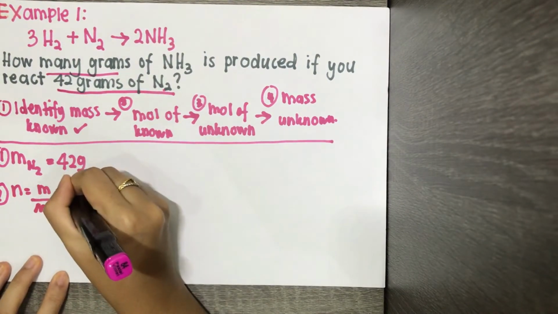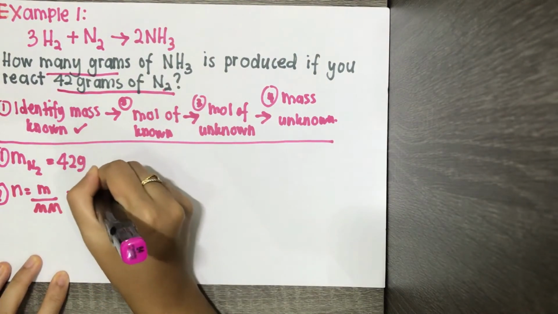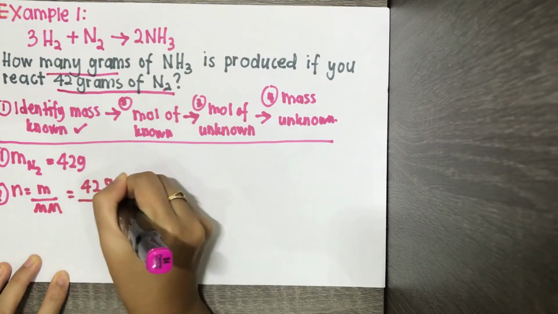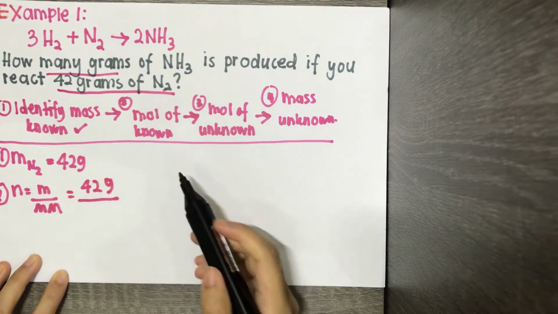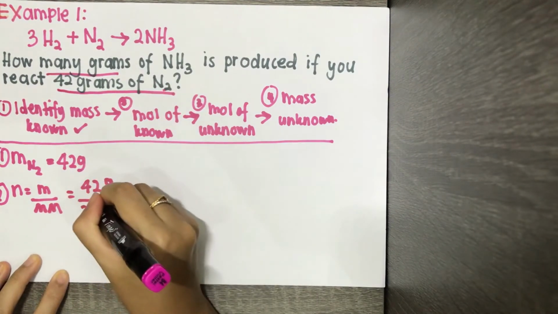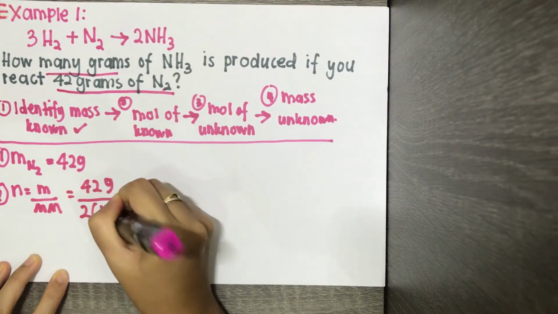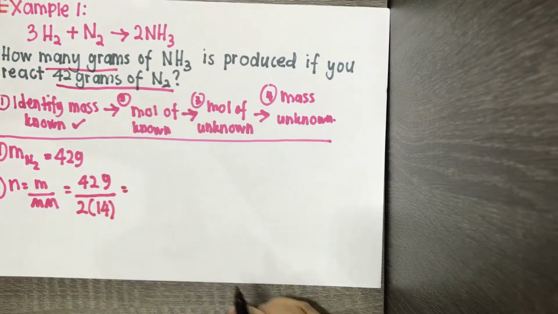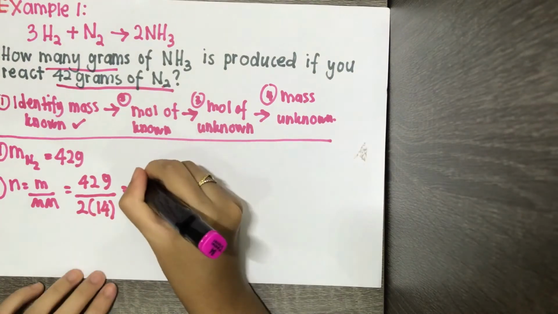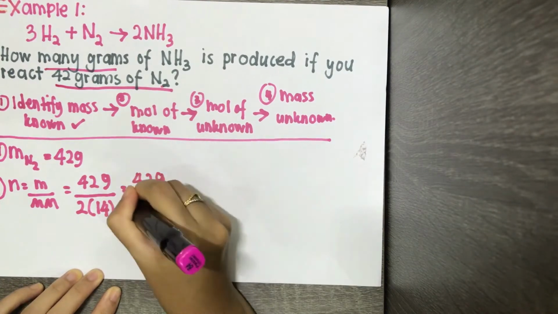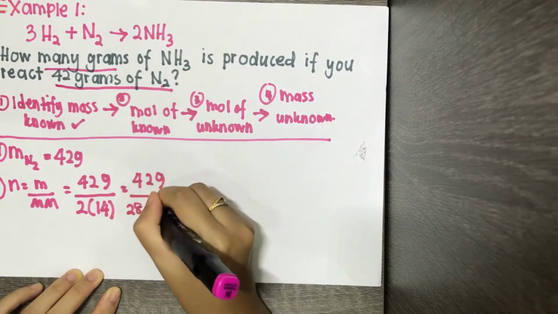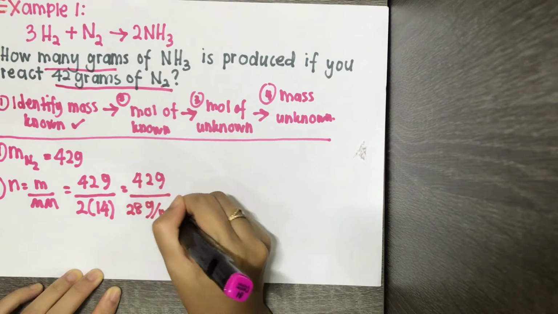So kita akan dapat 42 grams divided by, N adalah 2 darab 14. So now what you will have is 42 gram divided by 28 gram per mole.